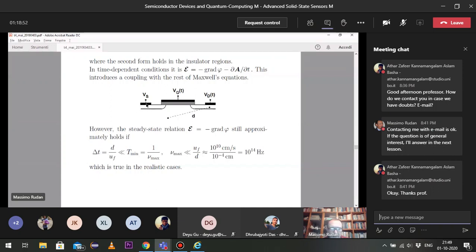So on the left, the black bar is the source contact, that supposedly is constant with respect to time. On the right, we have the drain contact that changes with time. And this is the gate contact that possibly also changes with time, okay?